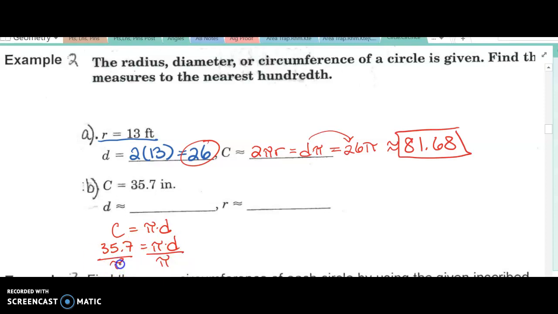Pi is a number, approximately 3.14. So our diameter would equal 35.7 divided by pi, which is 11.36. And then if we want to find our radius, we just need half of that. So 11.36 divided by 2 is 5.68.